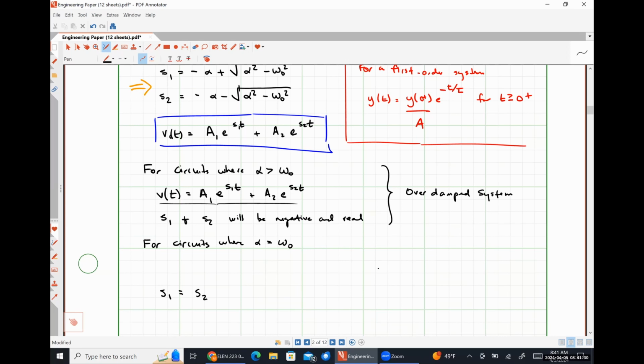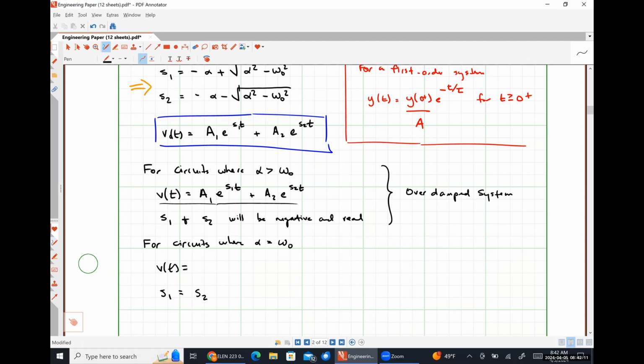For reasons which, I'm trying to think about how to put this, I'd love to say they're explained well in your Math 245 class, but I don't know that they are because I don't remember them explaining it. But effectively, whenever S1 is equal to S2, we have to modify our expression for our voltage slightly, in order to take into account that we need to have two distinct initial conditions governing things. So we're going to make that happen by using this expression.